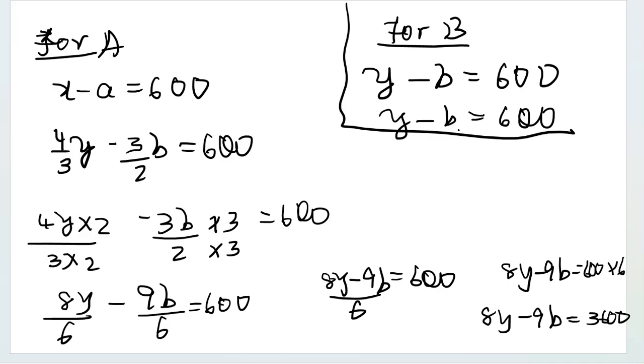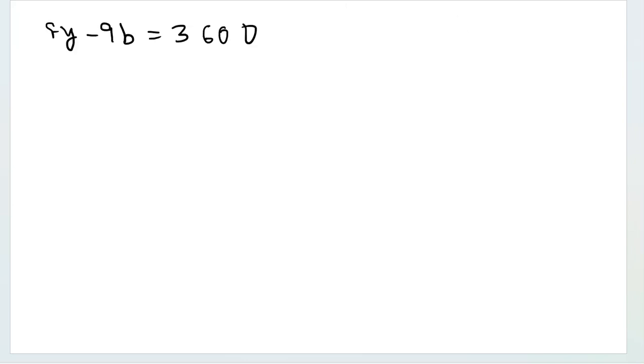So therefore we have 8y minus 9b is equal to 3600, and we have the other condition which nothing could be done about, which is y minus b is equal to 600. Fine.